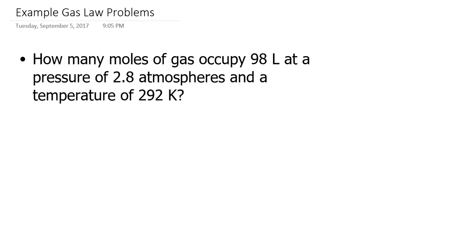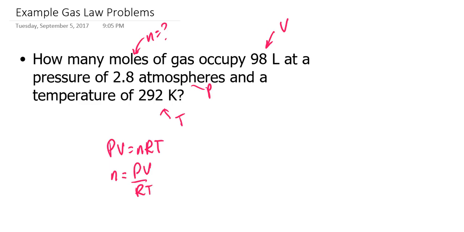Here, I'm asked how many moles of gas occupy 98 liters at a pressure of 2.8 atmospheres and a temperature of 292 Kelvin. Basically, this is a straight up application of the ideal gas law. If I want to solve for the number of moles, that would be PV over RT.